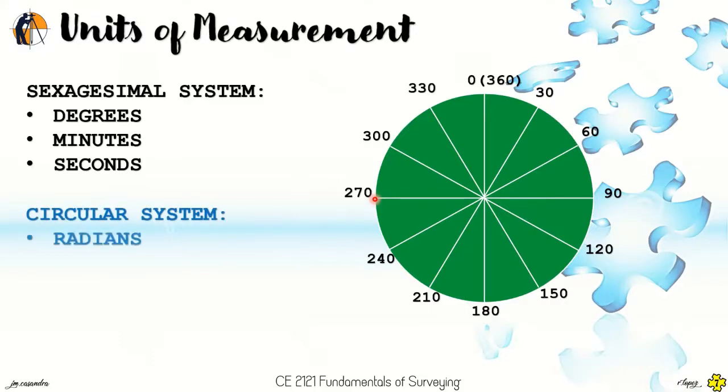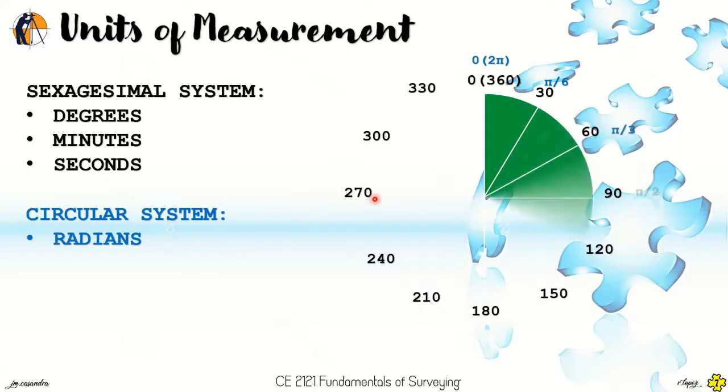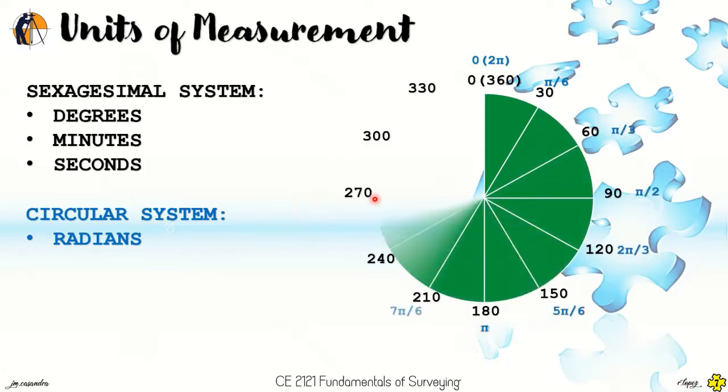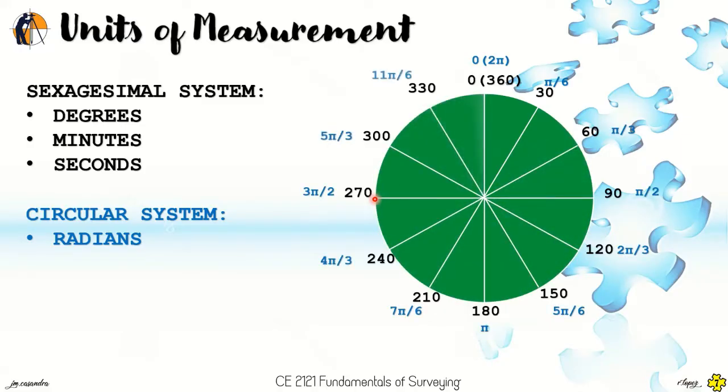Another unit is from the circular system, which is measured in radians. The equivalent of radians to your sexagesimal system will be in terms of pi. One revolution is equivalent to 360 degrees, equal to 2 pi radians.